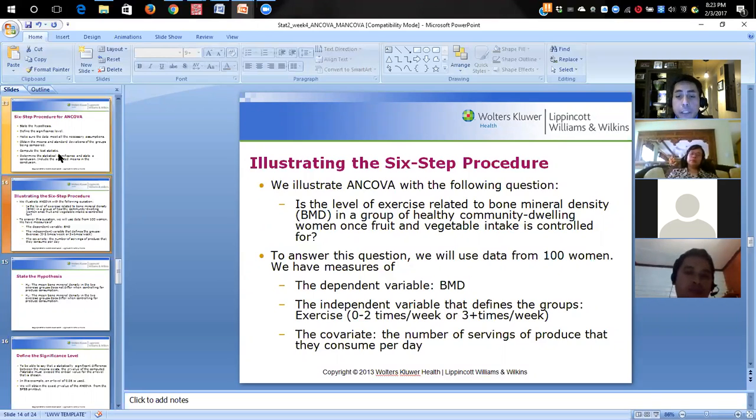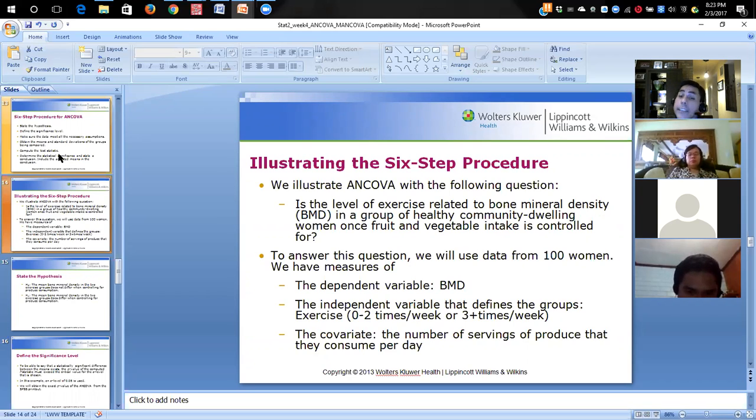So the independent variable here is defined by the groups. We have the 0 to 2 times per week group, and the 3 times plus per week group. And we assign a value of 0 for the 0 to 2 times per week exercisers. And we assign 1 for the group that are called the 3 plus times per week exercisers.